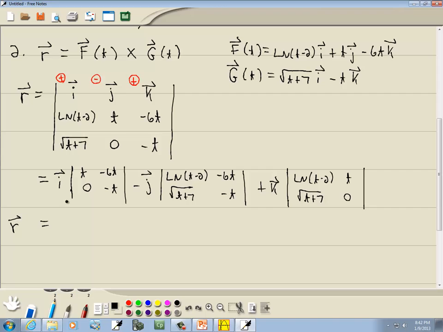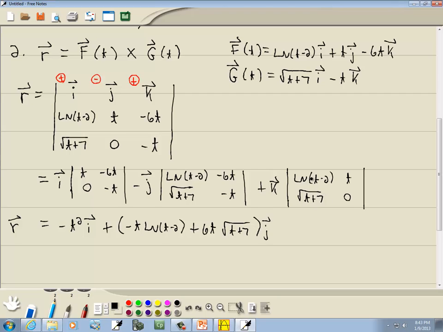So, if I multiply those, I get negative t squared i. If I multiply these together, that gives me negative t natural log of t minus 2 minus, and when I multiply this together, it's already a negative, so negative negative becomes a positive, 6t square root of t plus 7, and that's j.